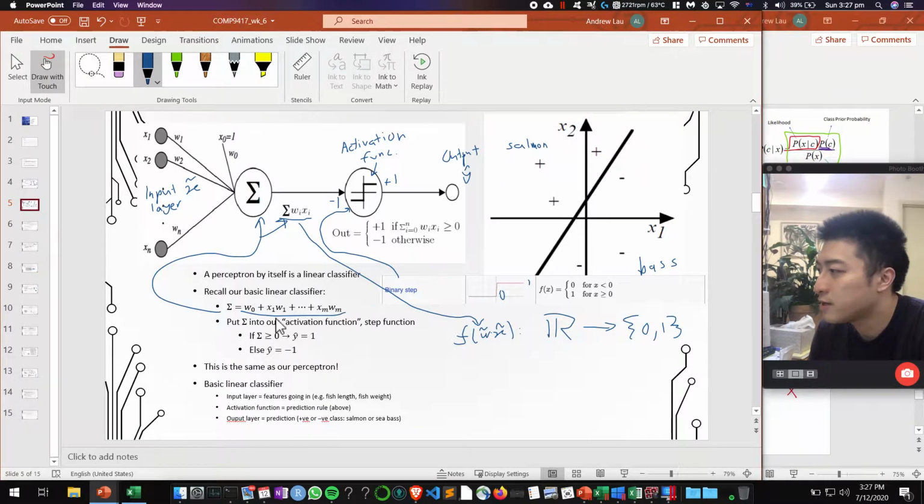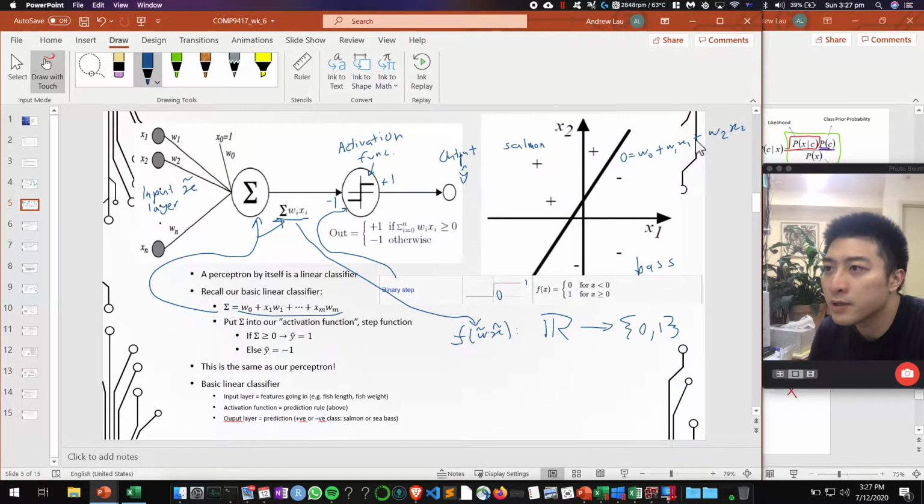So what's the best way to find it? Effectively this line here will be characterized by the equation w0 plus w1x1 plus w2x2.